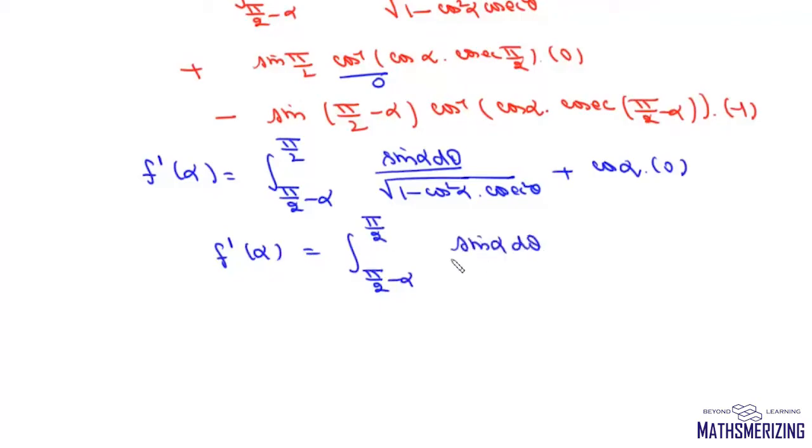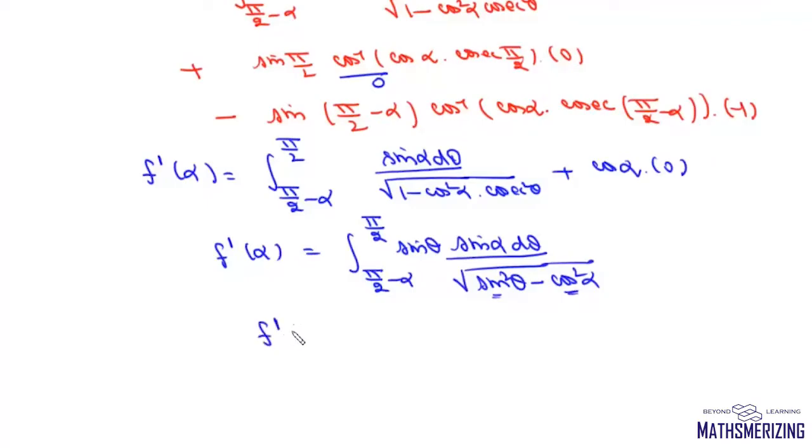So from here we can write f dash alpha is this integral from pi by 2 minus alpha to pi by 2 of sin alpha d theta, and we'll change this cosec square theta as 1 upon sin square theta. So it will be under root of sin square theta minus cos square alpha, and in the numerator we'll have sin theta. Now we change sin square theta as 1 minus cos square theta, and cos square alpha is 1 minus sin square alpha.